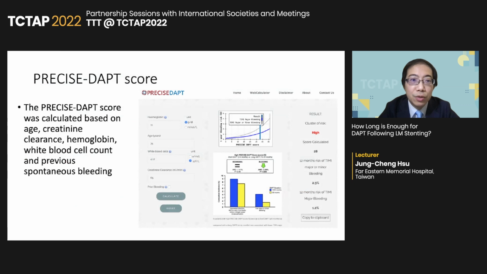I also want to introduce the PRECISE-DAPT score. It's a risk scoring system to predict out-of-hospital bleeding. The PRECISE-DAPT score was calculated based on age, creatinine clearance, hemoglobin, white blood cell count, and prior bleeding.